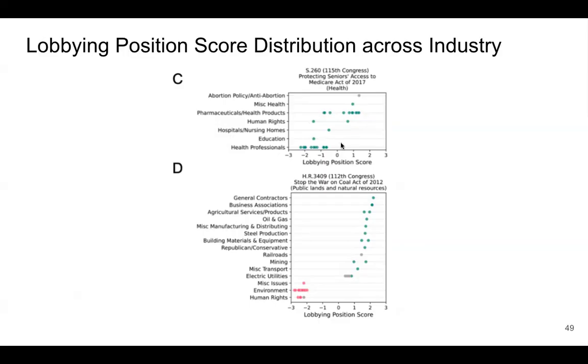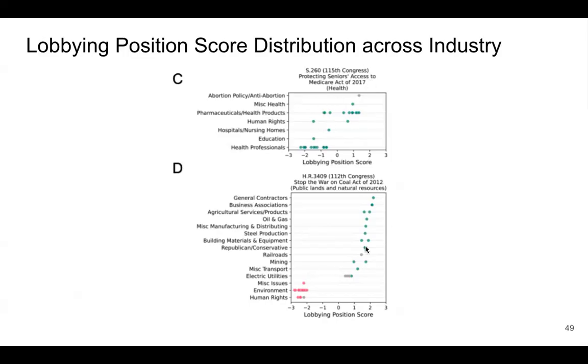Regardless of the lobbying position score, if it's negative, which is kind of arbitrary, it's the progressive position, and in the positive, it's the conservative position. So the anti-abortion groups, as well as the progressive health professionals, are all in support of this particular bill for improved access.